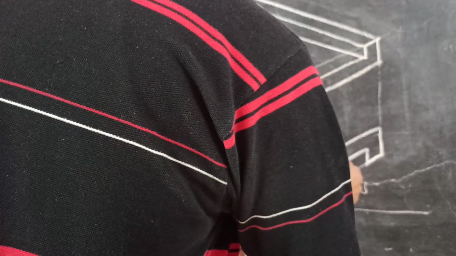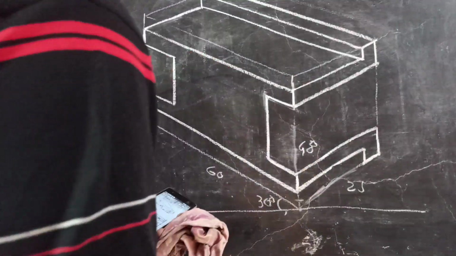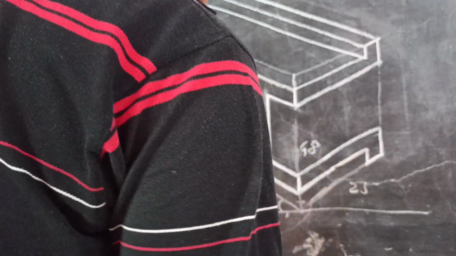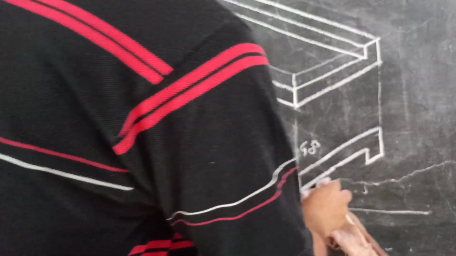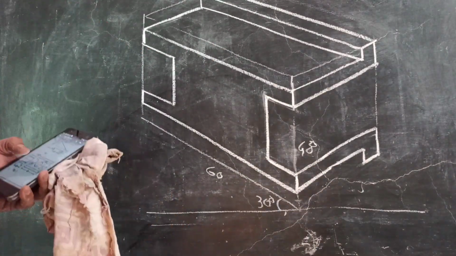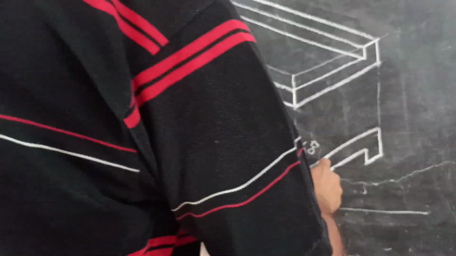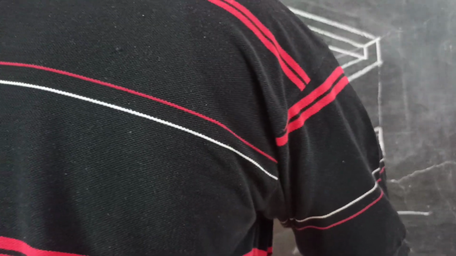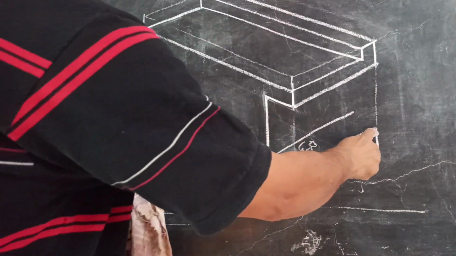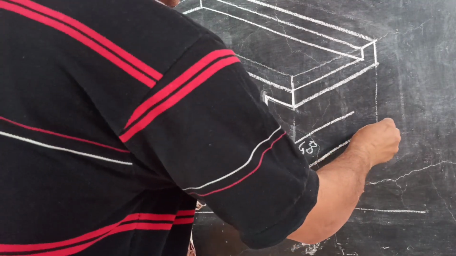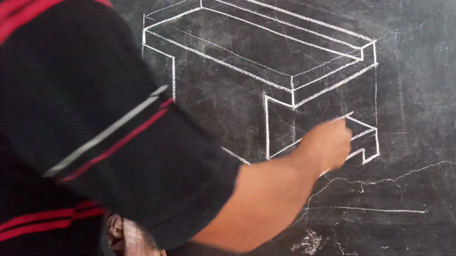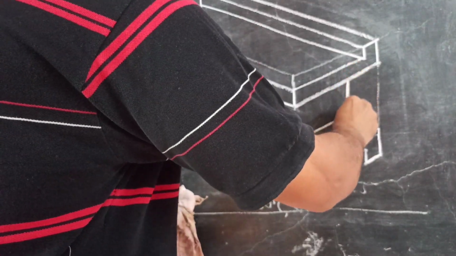And then from here you can draw a line parallel to this. From here draw a line parallel to this, and from here you can draw a vertical line.